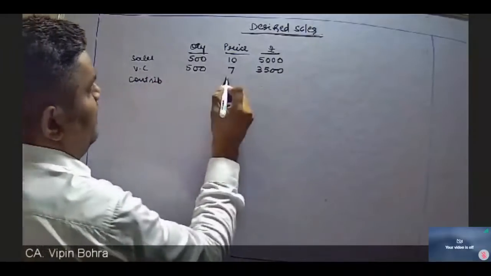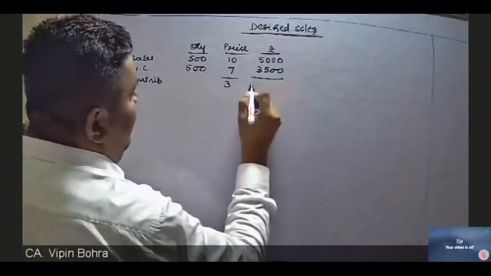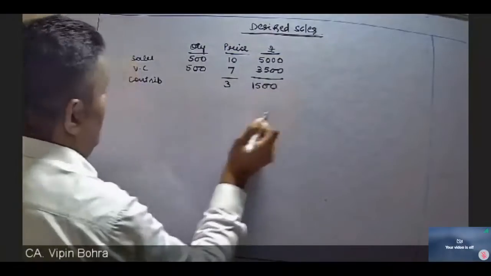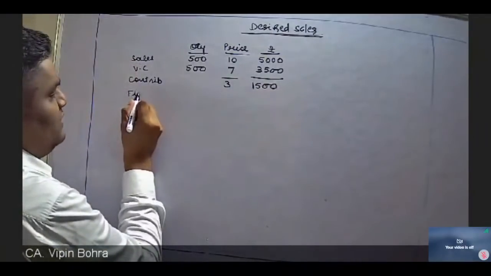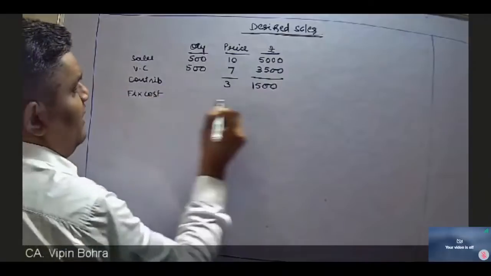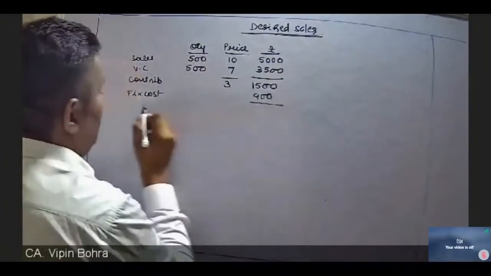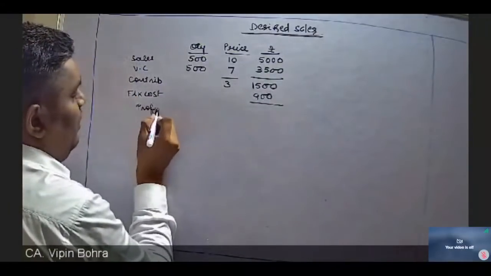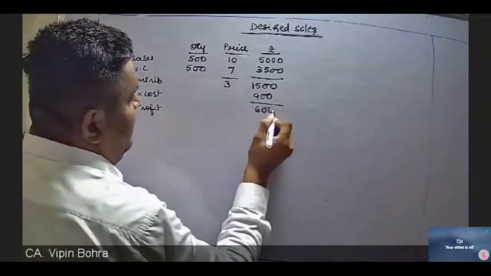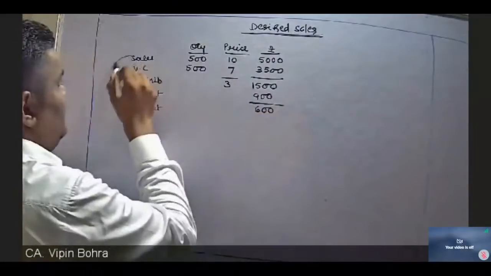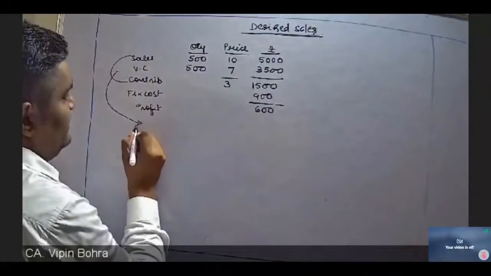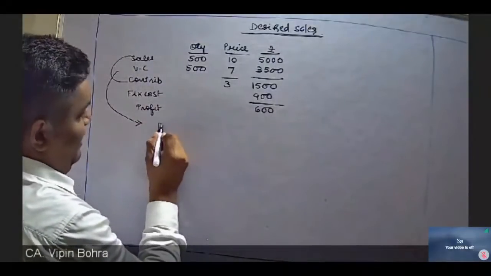My contribution is 3 and 1,500. Suppose the fixed cost as given in the question is say 900. Therefore, my profit will be what? 600.